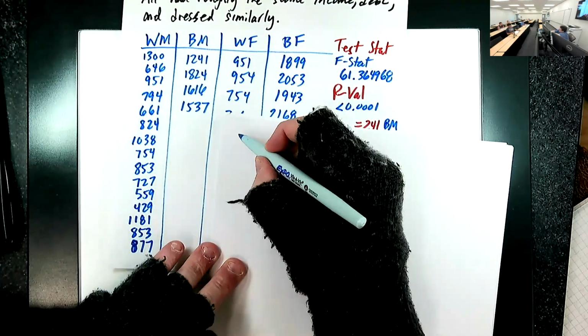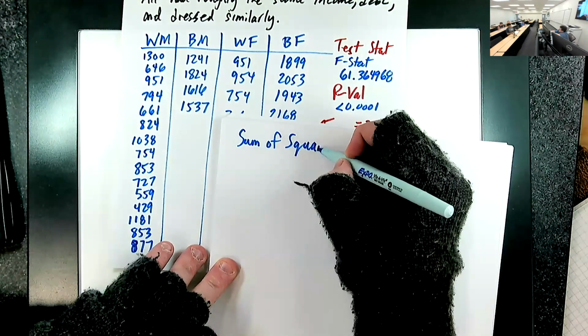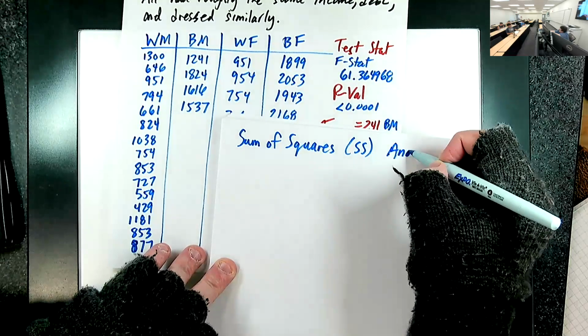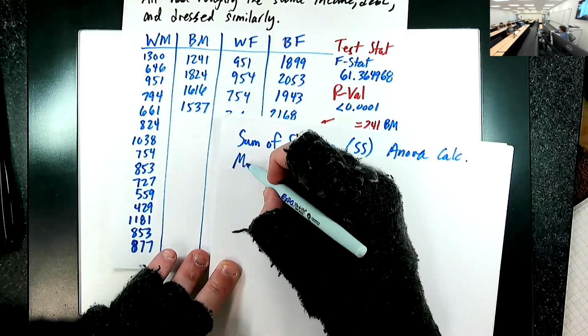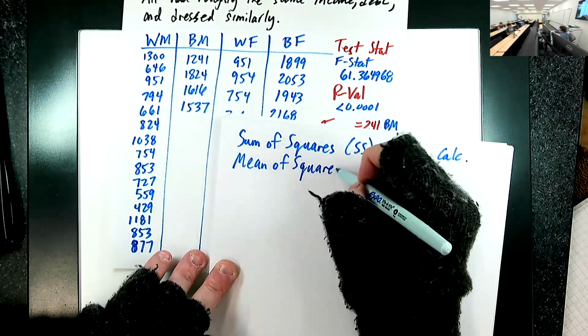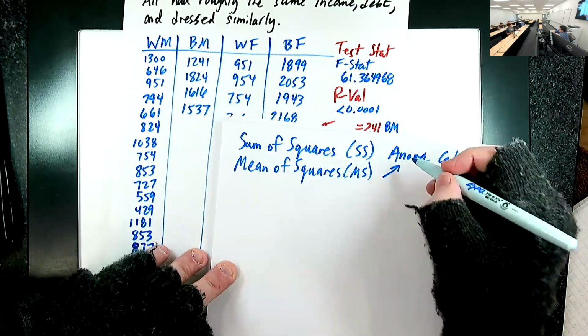If it asks for sum of squares, that's SS, and you can find that in the ANOVA calculations. If it asks for mean of squares, that's MS, also in the ANOVA calculations.